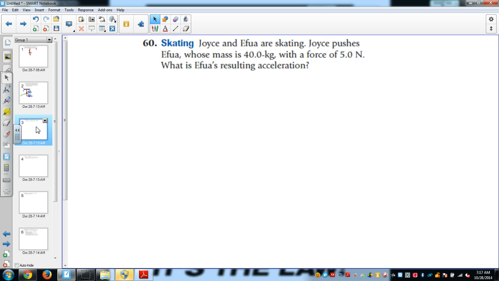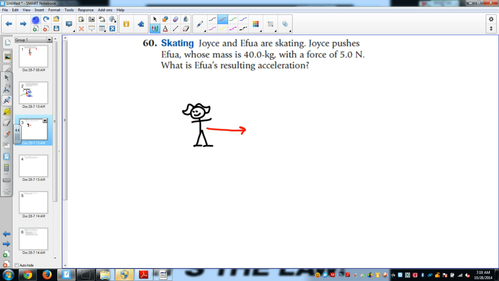The next one, number 60, says Joyce and Afua are skating, and Joyce pushes Afua. So let's see. They're skating, and she gets pushed with a force of 5 newtons.